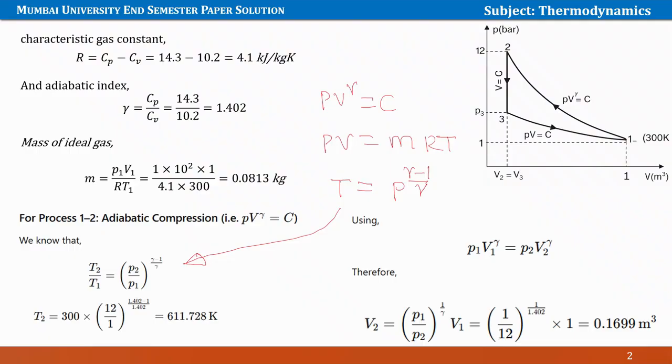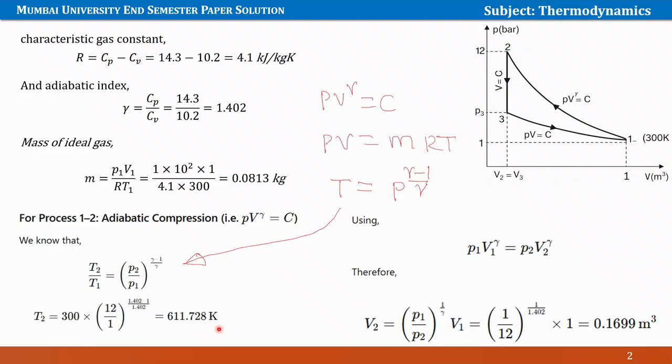So T2 upon T1 is equal to P2 upon P1 raised to (gamma minus 1) by gamma. Put the values and get the value of temperature T2. You will get the temperature 611.728 Kelvin. That means the temperature at point 2, that is after the compression process, is what?